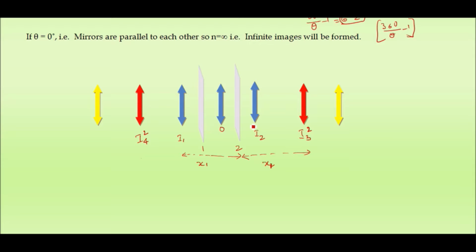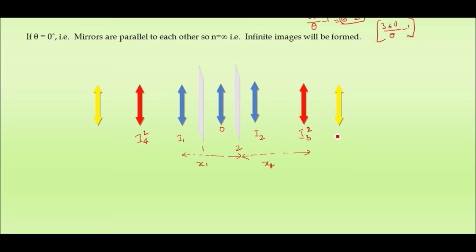So basically I1 and I2 are first order images, and I3 and I4 are second order images. As I3 and I4 are second order images, we have shown them by red color, a different color. Now this I4 serves as an object for mirror 2, and then an image will be formed.